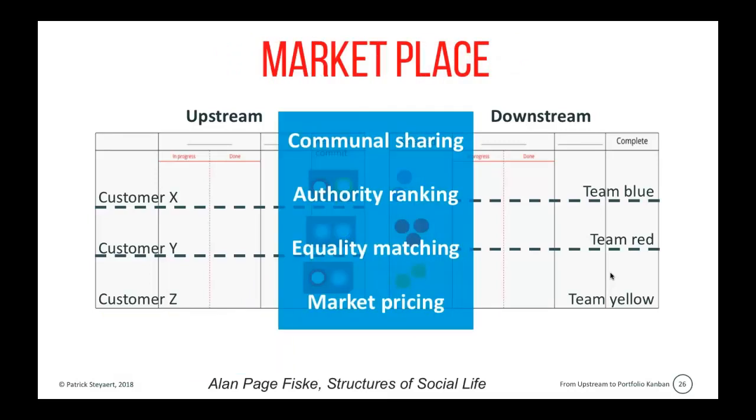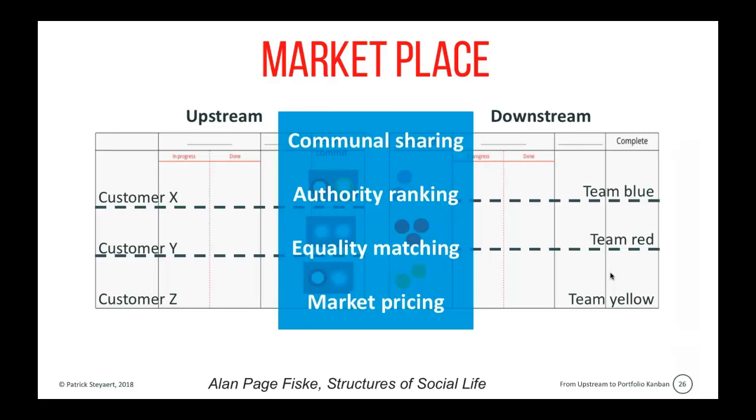The way of organizing that marketplace is up to the organization. It can be organized through an authority ranking, where one person calls the shots and determines which demand gets priority.